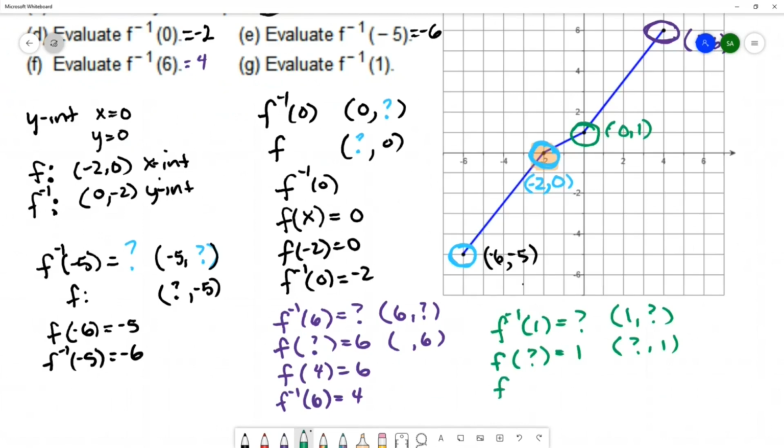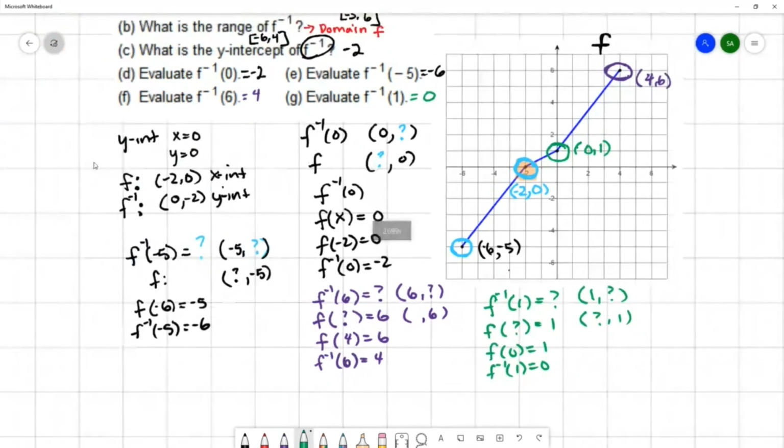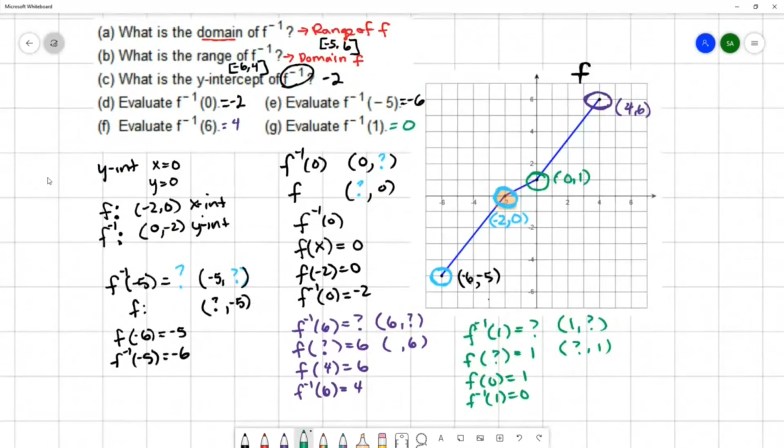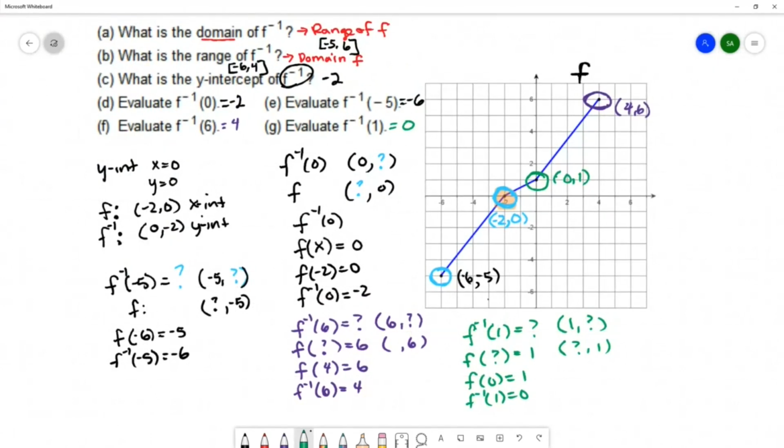So f of 0 equals 1, f inverse of 1 equals 0. So let me zoom out so we can see all those parts. And the main thing to keep in mind is that with inverses, the x's and y's get switched, the domain and range get switched.